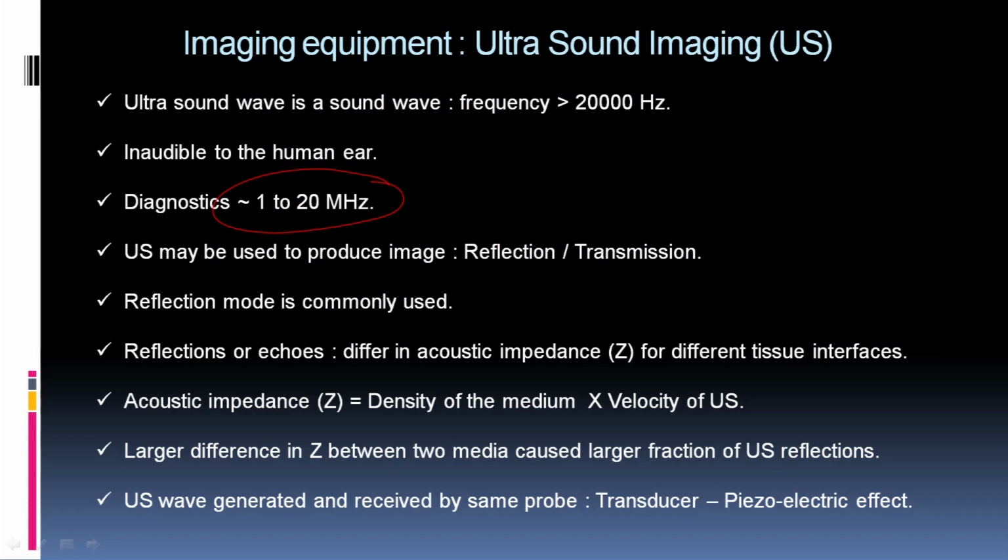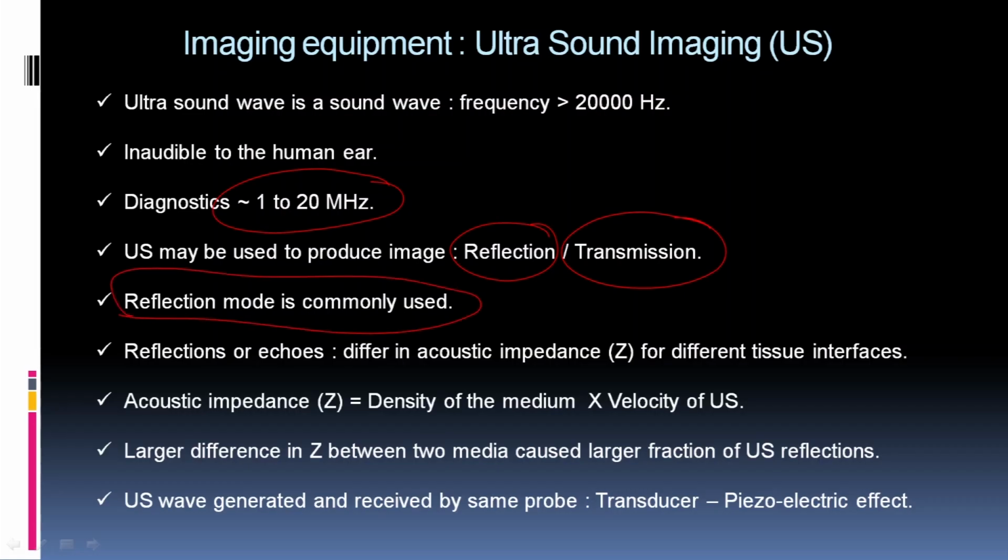Ultrasound may be used to produce an image by using the reflection of the ultrasound, or sometimes we use the transmission of ultrasound. Now, reflection mode is the commonly used mode of ultrasound.